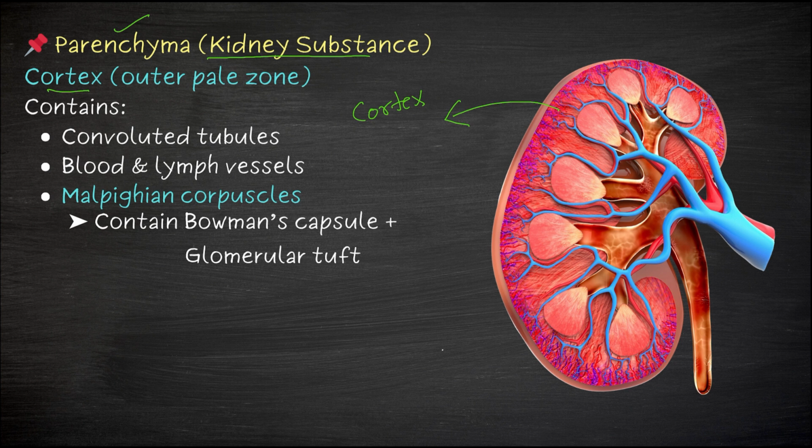It contains convoluted tubules, the proximal convoluted tubule and distal convoluted tubule. It also contains blood vessels and lymph vessels. It also contains Malpighian corpuscles, meaning Bowman capsules plus glomerular tuft.